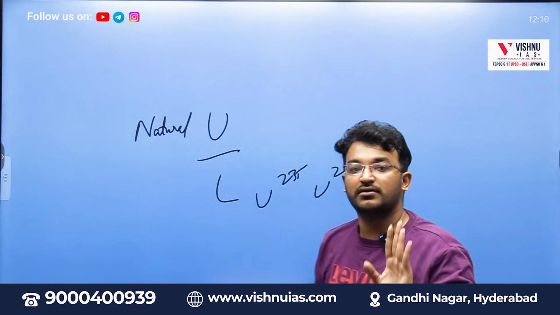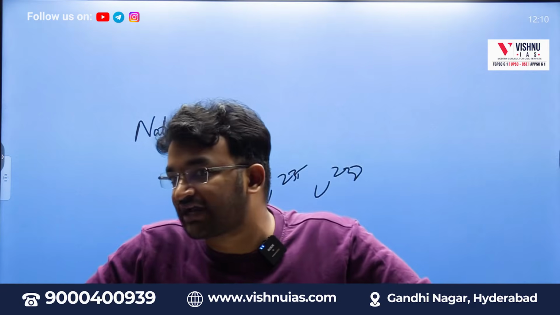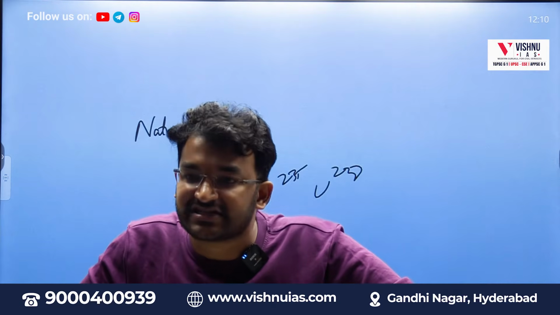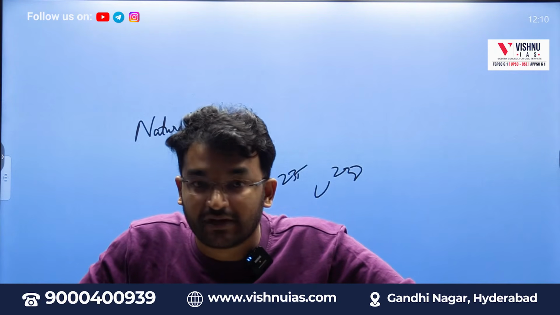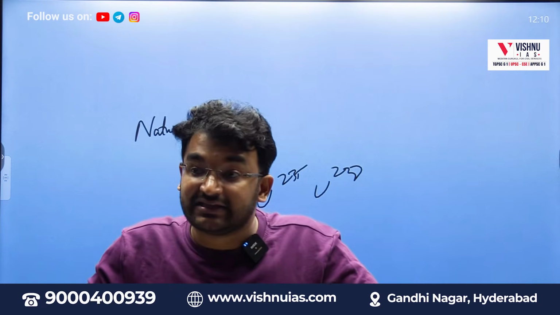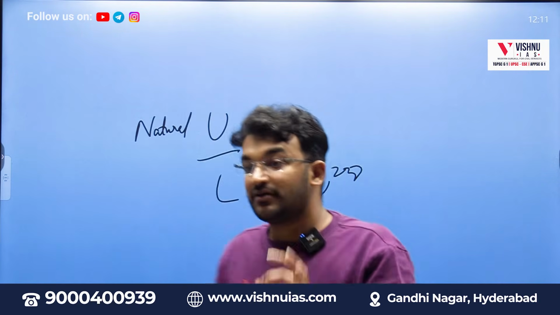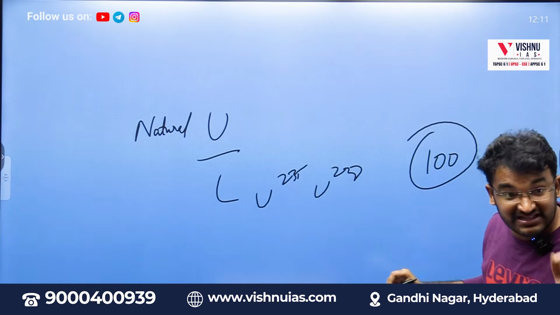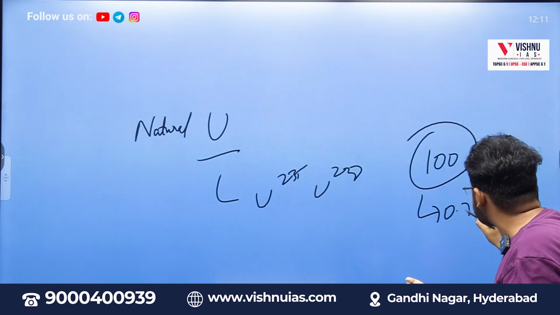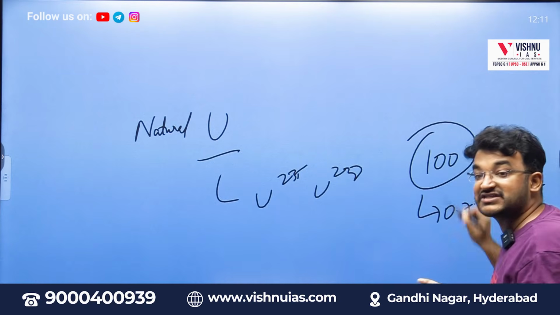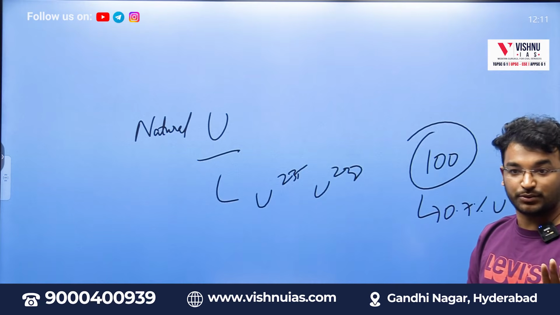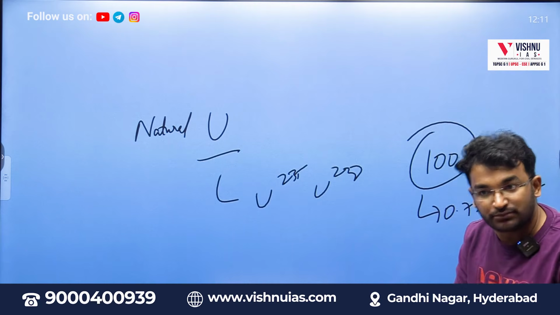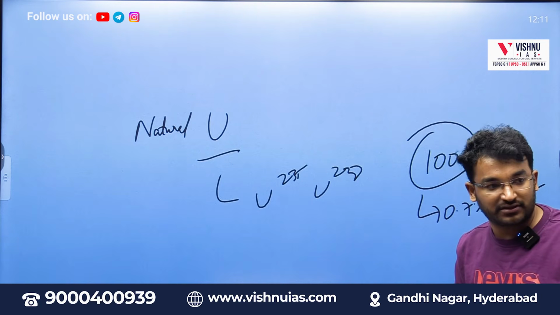Now tell me, which can be directly used for nuclear energy? 235. But the problem is that in the natural uranium, if say there is 100 units of natural uranium, naturally we will be getting only 0.7% of uranium 235, rest will be uranium 238.